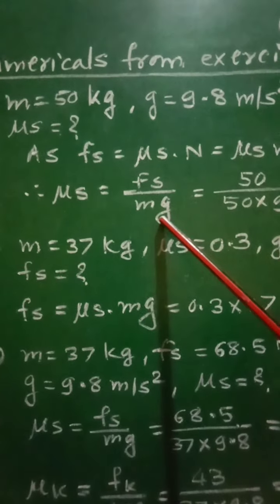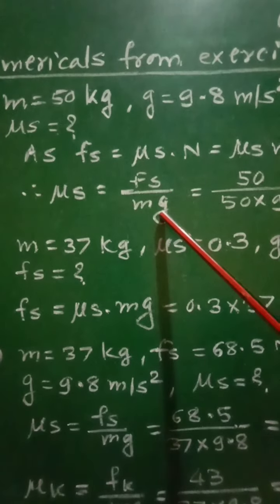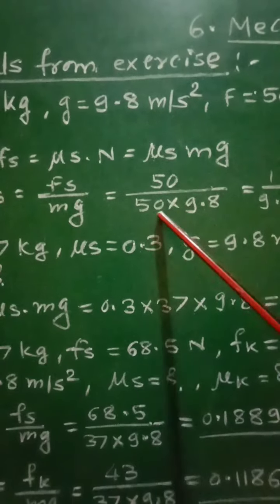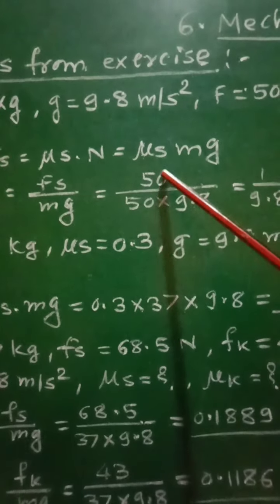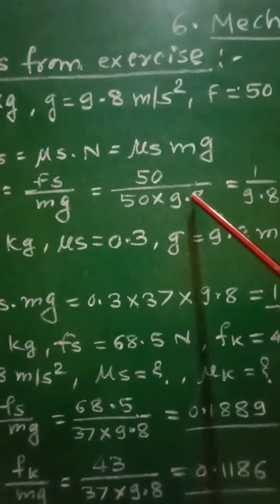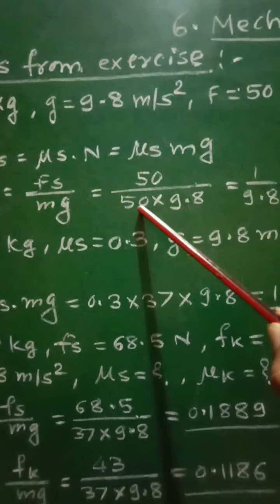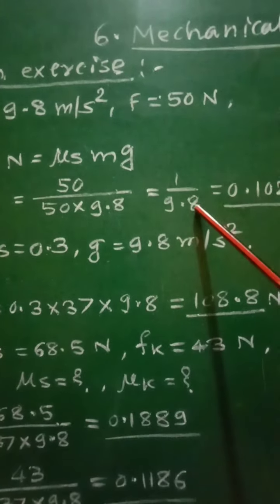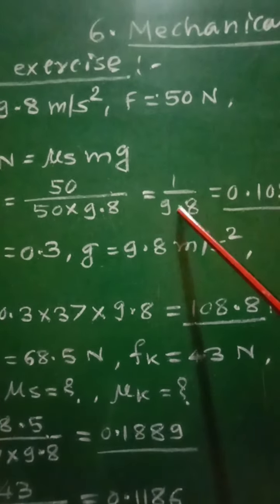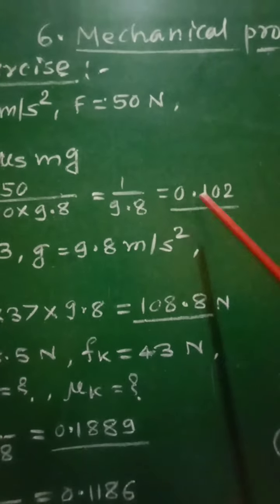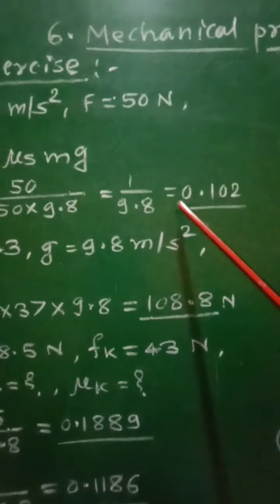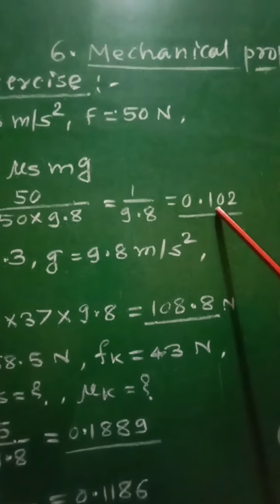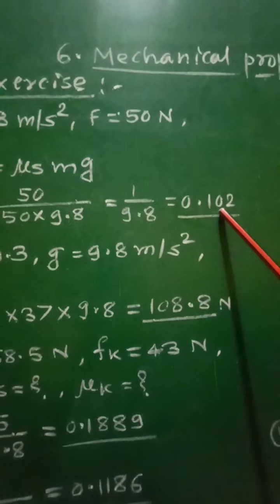Putting the values, we will get 50 upon 50 into 9.8. 50 will get cancelled, and we will get 1 upon 9.8, whose value comes out to be 0.102, and this will be the coefficient of static friction.